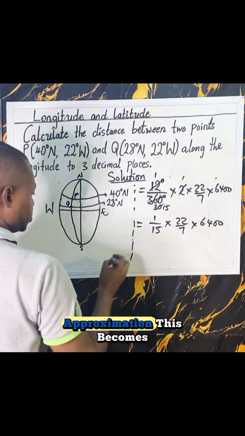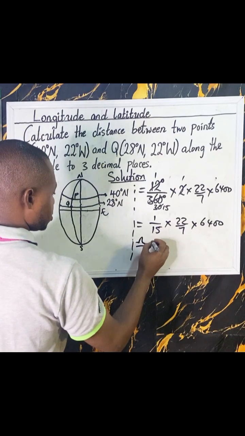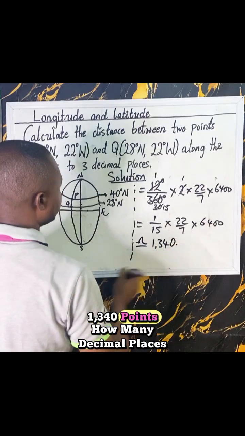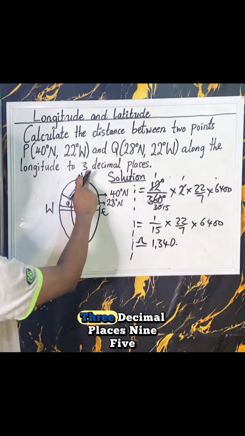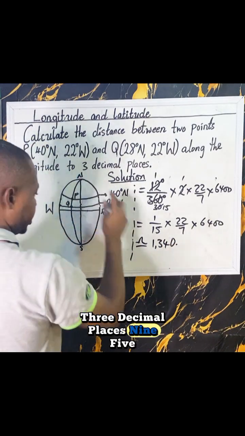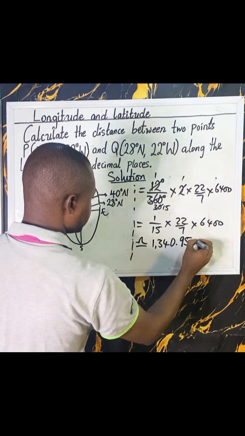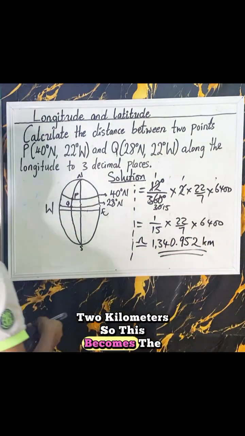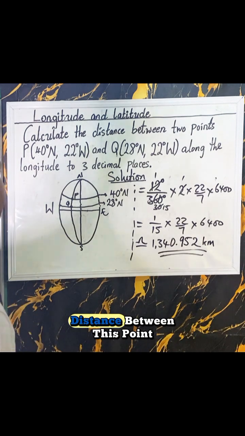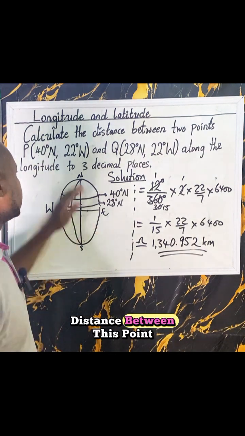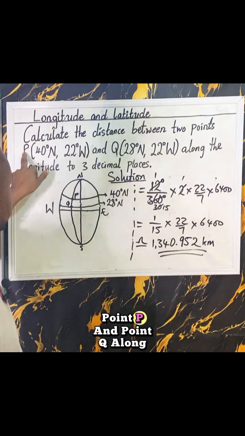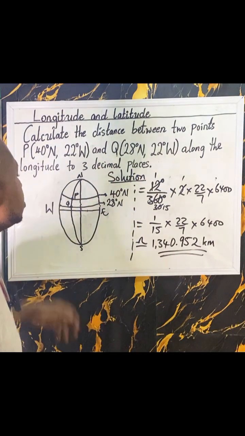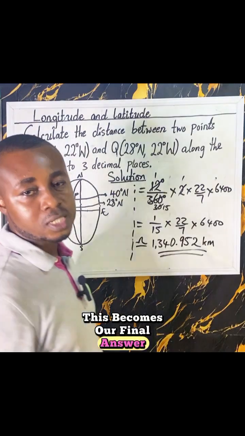By approximation, this becomes 1,340 point, how many decimal places? 3 decimal places. 9, 5, 2 kilometers. So this becomes the distance between point P and point Q along the longitude. This becomes our final answer.